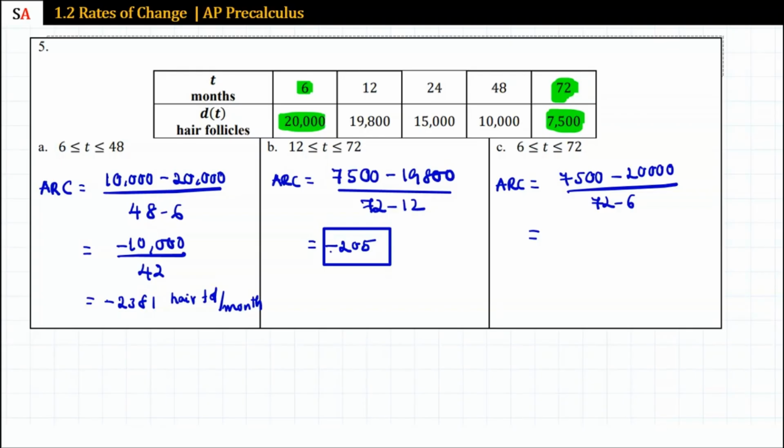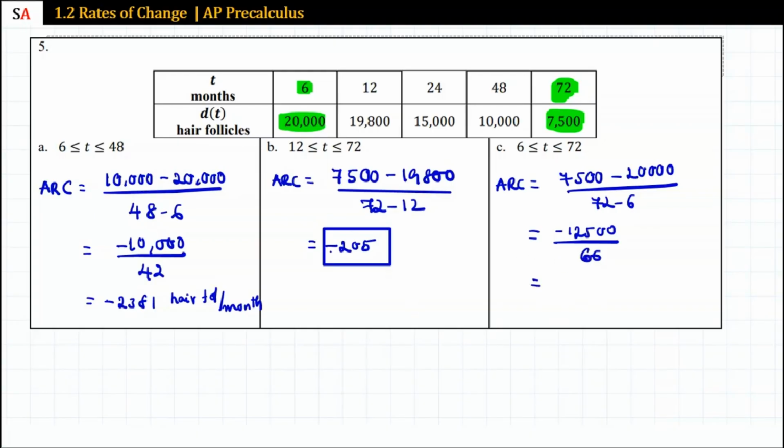which is negative 12,500 over 72 minus 6, which is 66.